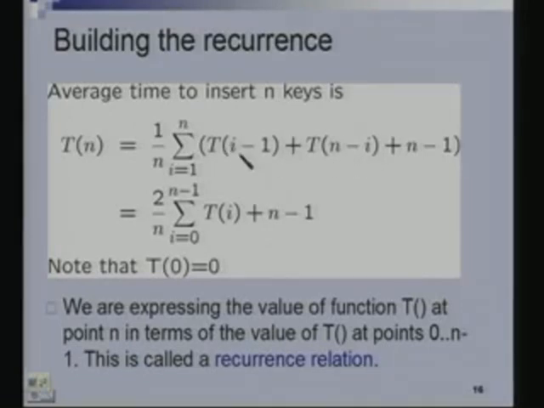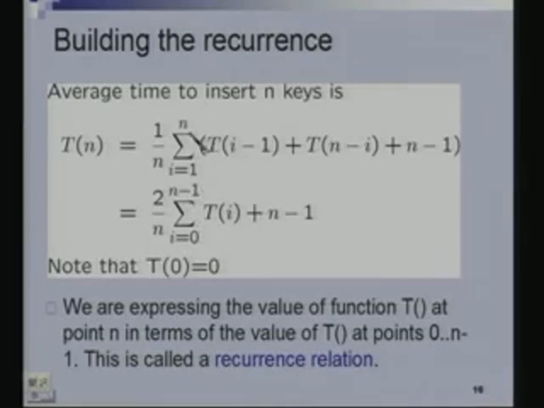So each of the terms will appear twice, so this part of the sum is 2 times t_i, i going from 0 through n minus 1, and this part I have moved out. It is n minus 1, n times, divided by n, so it just becomes n minus 1. So this n minus 1 is not multiplied by the 2 by n; this 2 by n only multiplies this part.